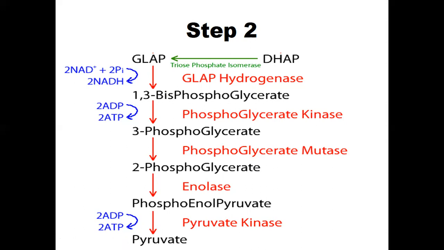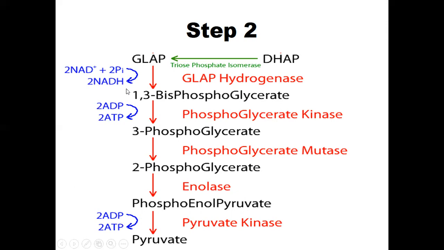That is, a group of phosphate is removed to produce pyruvate. So in this second stage, you have 4 molecules of ATP being produced and 2 molecules of NADH being produced.